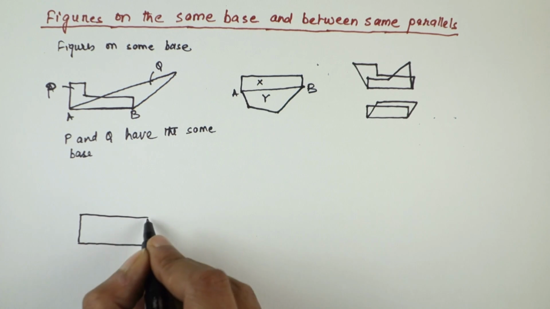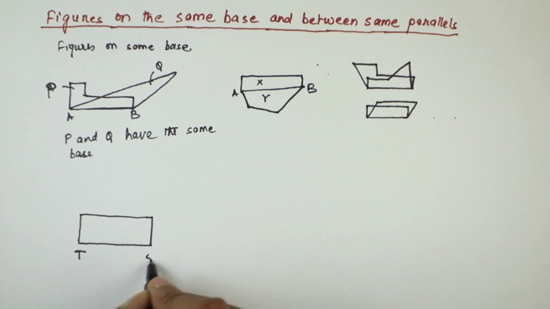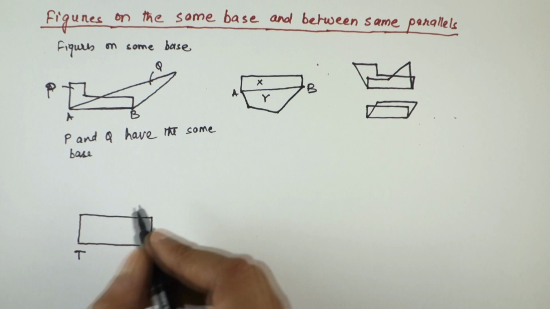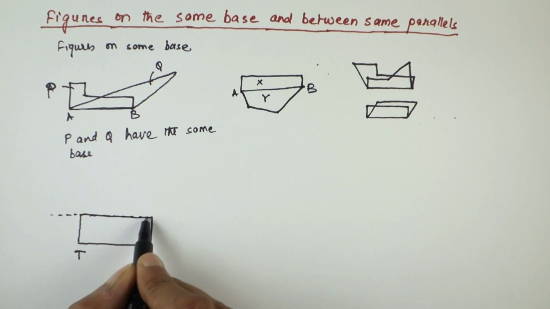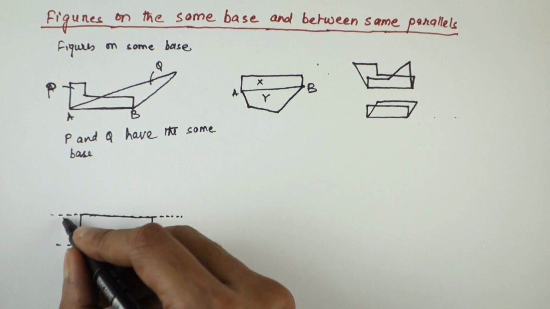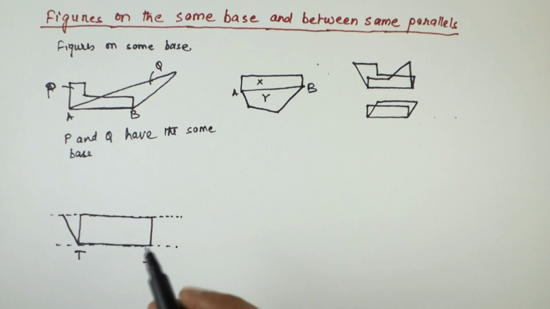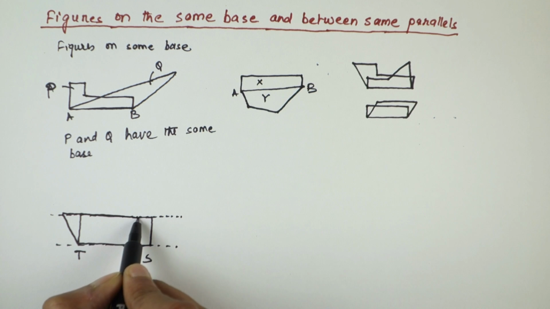Let's call the base TS, and assume that this dotted line is parallel to the segment TS. And we draw a parallelogram with base TS, and between the same parallels.